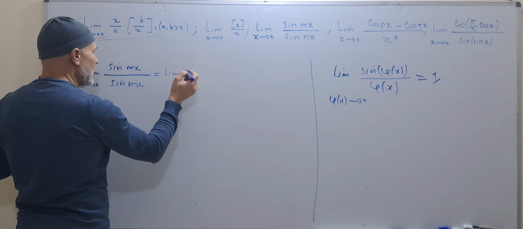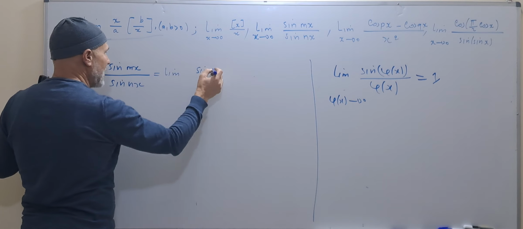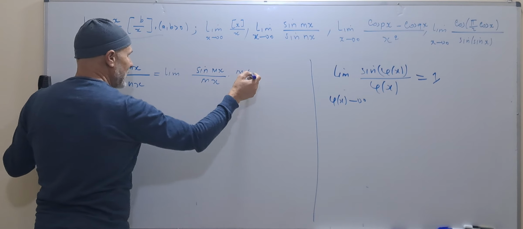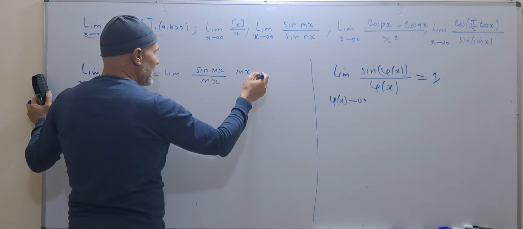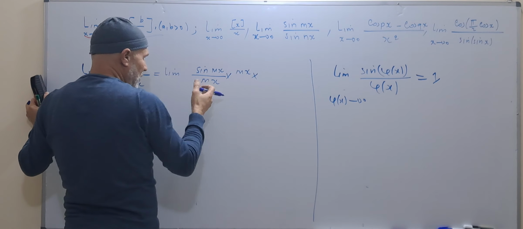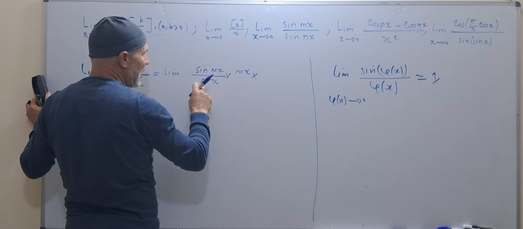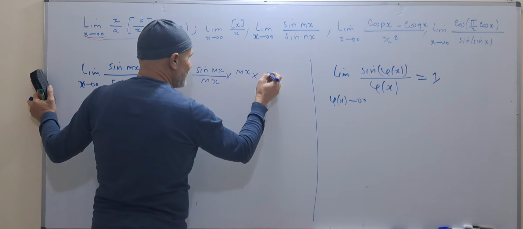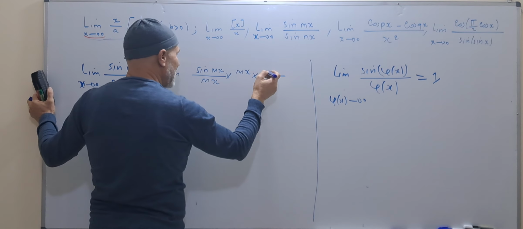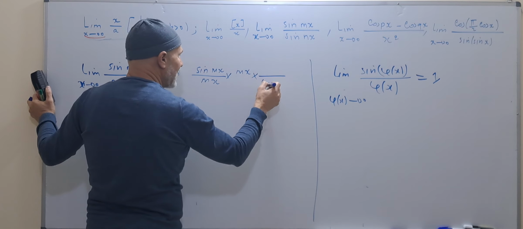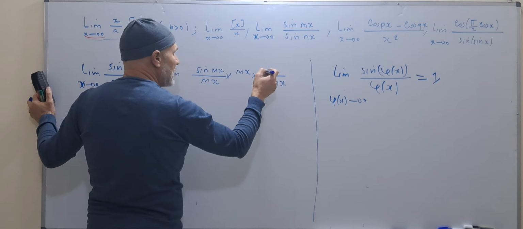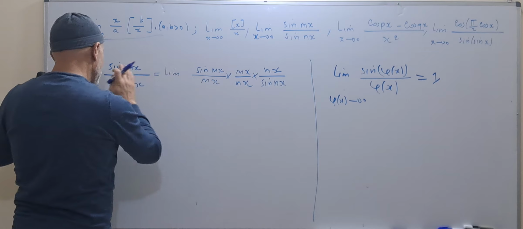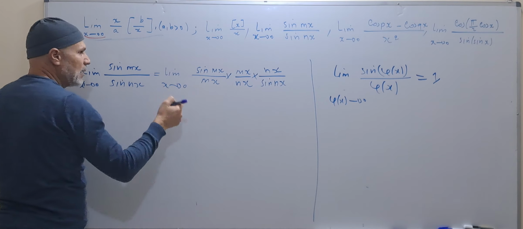This is equal to the limit of sine mx divided by mx times mx, and we replace to have 1 divided by sine nx over nx times nx.